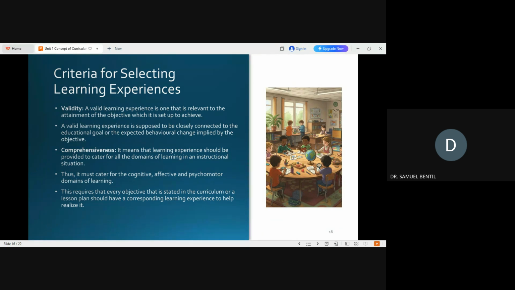So when a learning experience or activity helps you to achieve your intended objectives or purpose, then we say that activity or learning experience is valid. But if it's not, then there's a problem somewhere, then it's invalid.